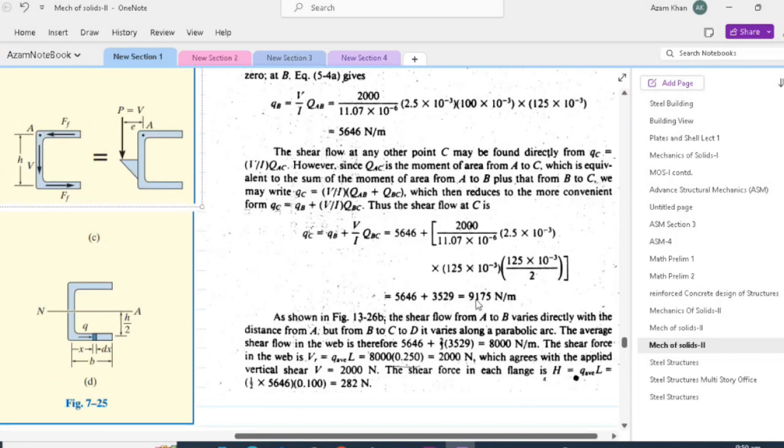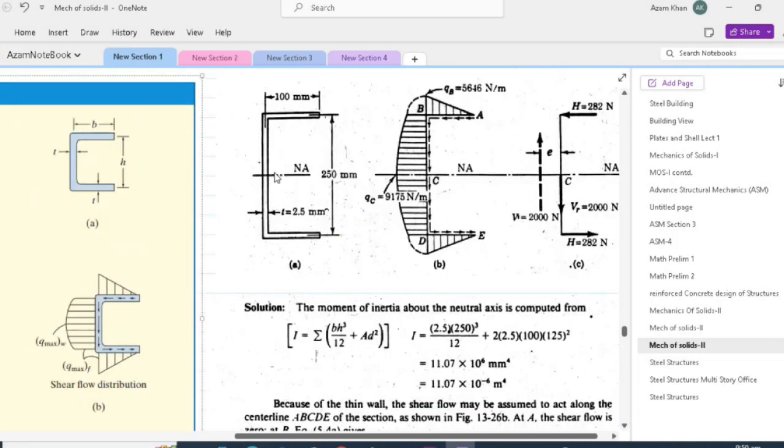Adding up, we will get 9175 Newton per meter. Since the cross section is symmetrical about the horizontal axis, hence QD will be equal to QB, and the shear flow in DE will be equal to AB.